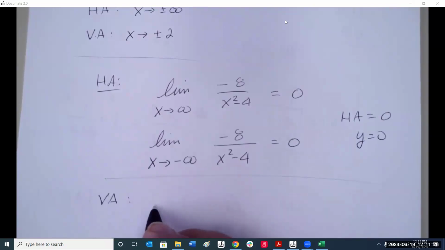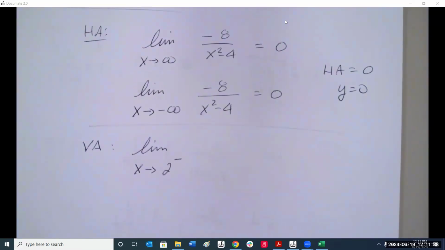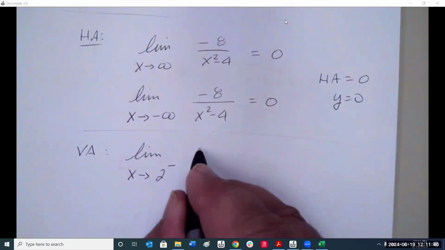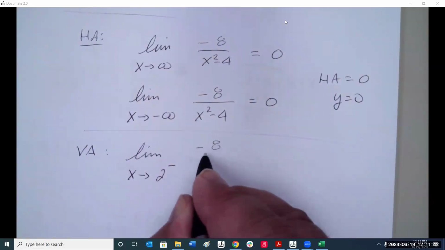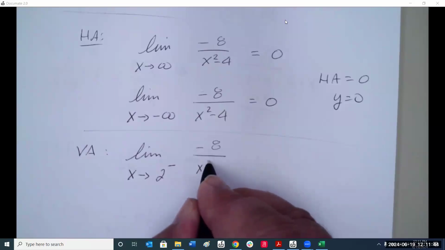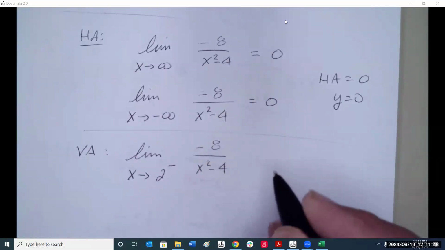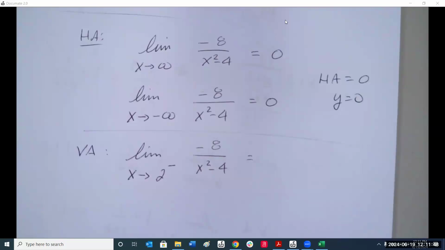The vertical asymptote, as x approaches +2 from the left, of -8 over x squared minus 4. What happens there?